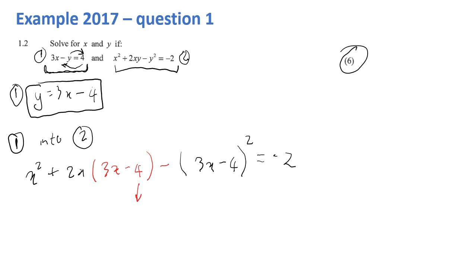Again, you're going to get a second order polynomial, which is nothing else than a parabola. After some simplification, I get something like this: minus 2x squared plus 16x minus 14 equals 0.